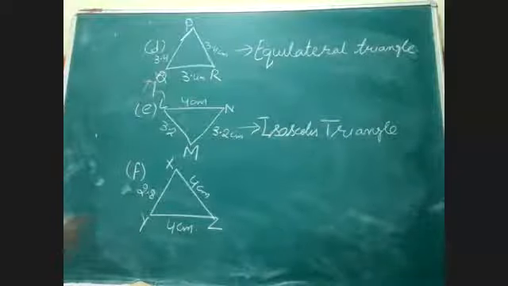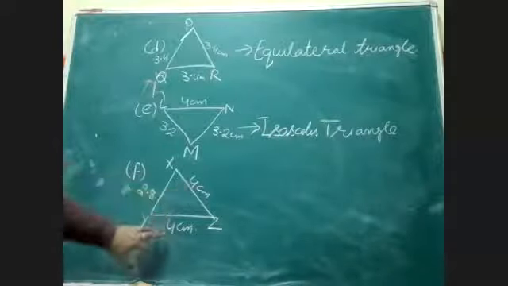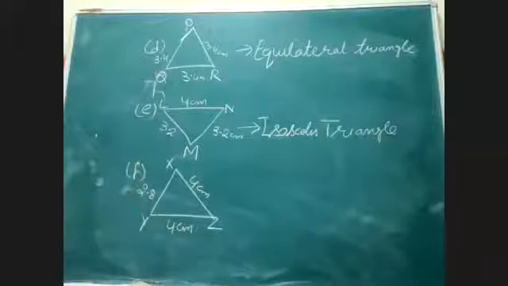Next is 2.8 centimeter, 4 centimeter, and 4 centimeter. Again, if two sides are equal, then the triangle is an isosceles triangle.